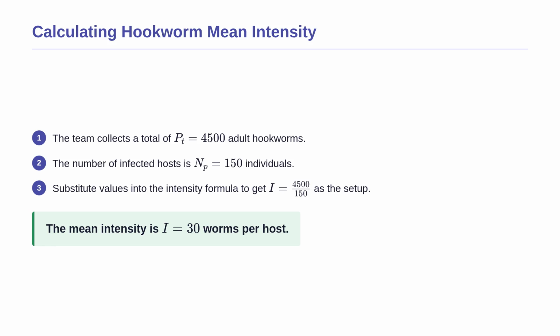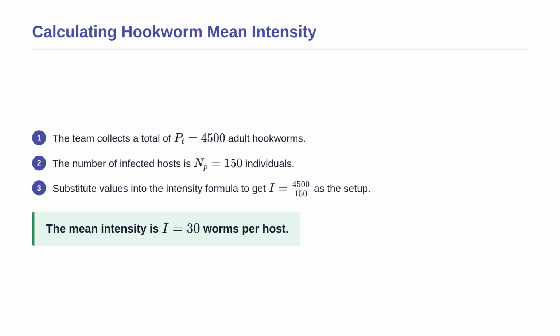Let us continue with our hookworm example to find the mean intensity. After administering deworming medication to the 150 infected villagers, the medical team collects and counts a total of 4,500 adult hookworms. We want to know the average burden on the sick individuals, which is why we use the intensity formula.